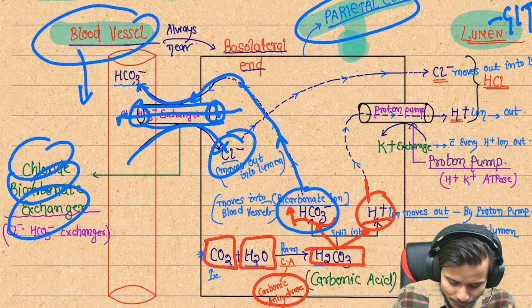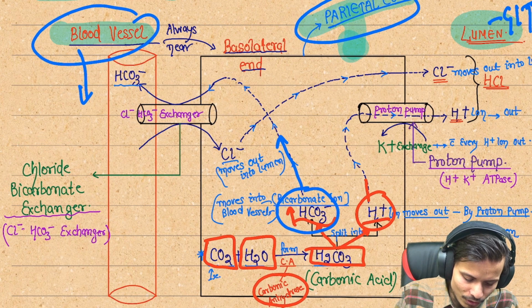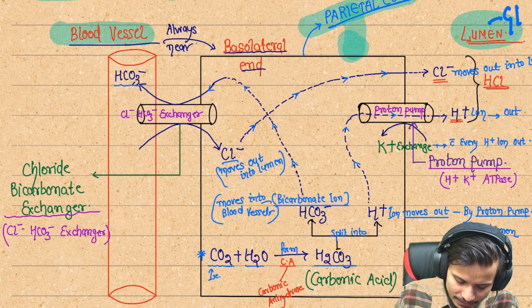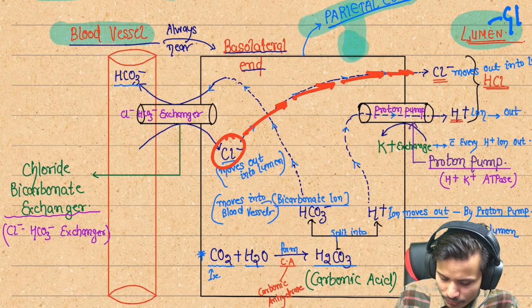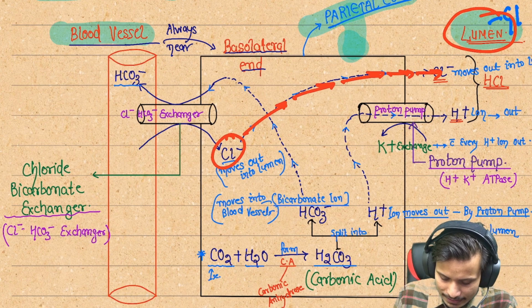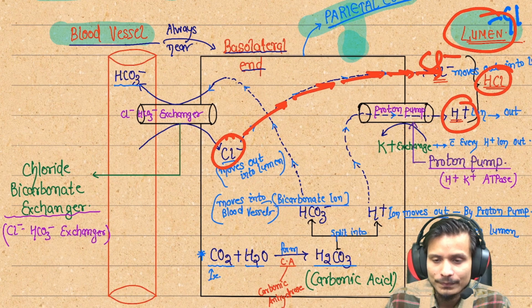Simple. After that, this chloride molecule that came inside the cell goes out again through the apical end and comes into the lumen. This Cl minus combines with this H plus and forms what? HCl.